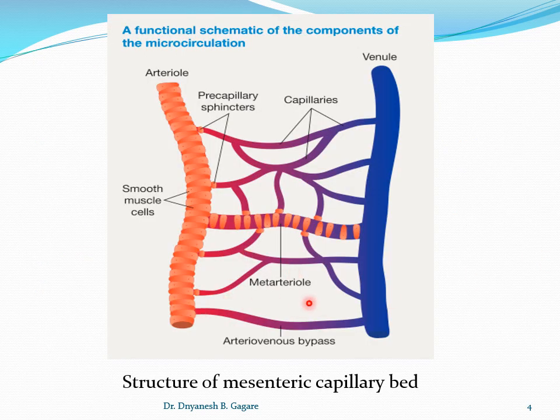This diagram I explained last time. It shows the capillary bed at the tissue level, and in this capillary bed we particularly discussed the role of arterioles, meta-arterioles and precapillary sphincter in regulating the blood flow to the tissue.